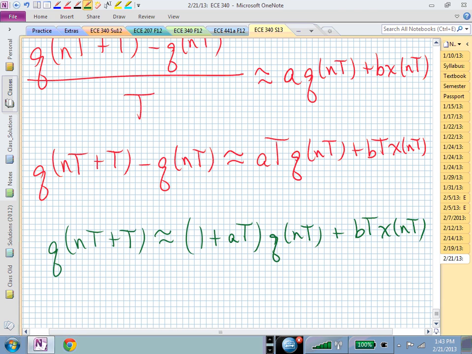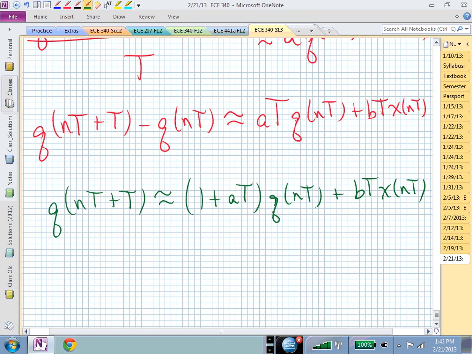Is that okay? And now if I plugged in what I knew for A equal to 1, B is equal to 1, and T, in our particular case, that was that 0.03, wasn't it?